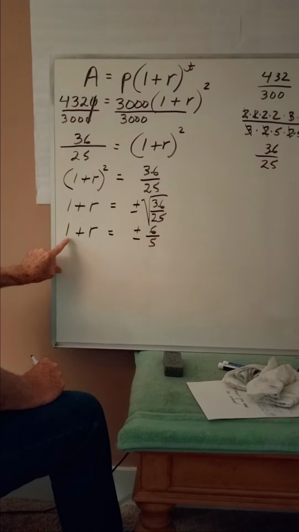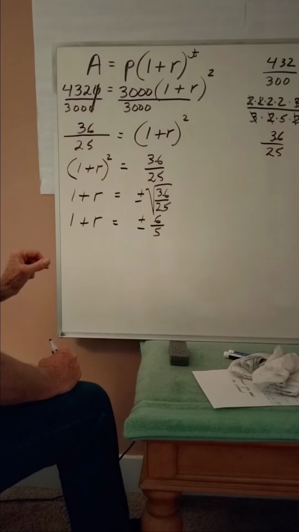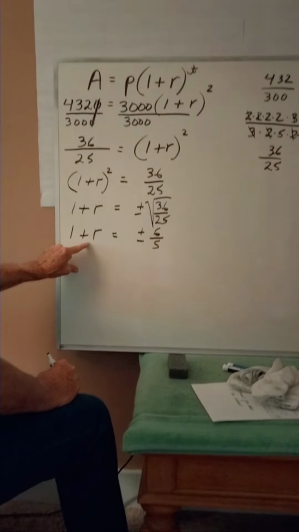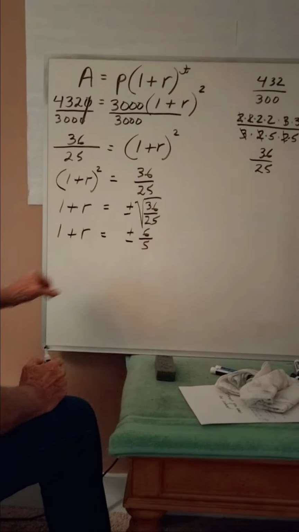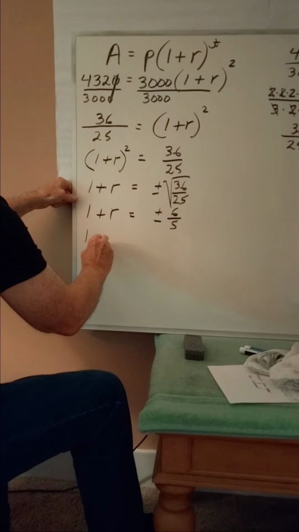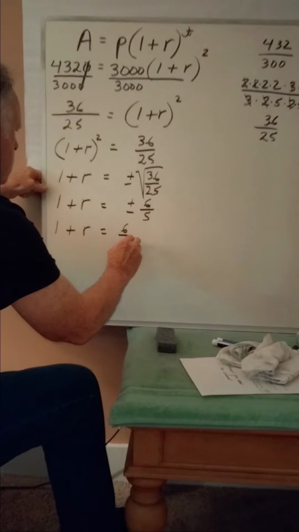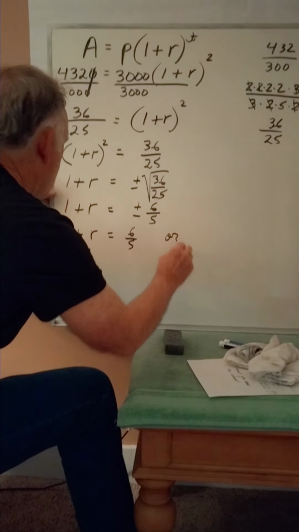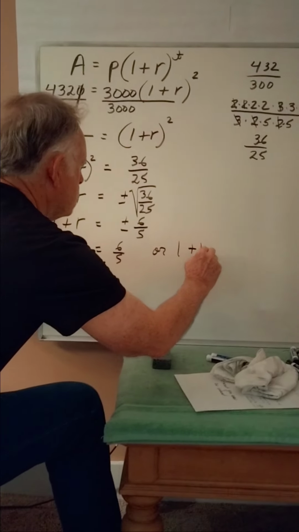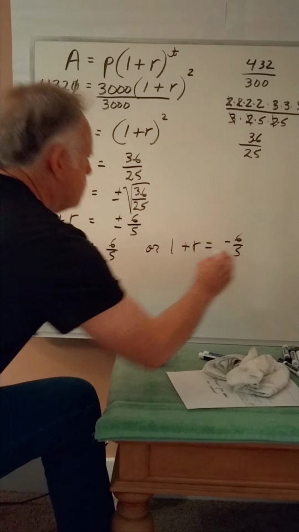One of them will say 1 plus r is equal to a positive 6/5, or 1 plus r will be equal to a negative 6/5.